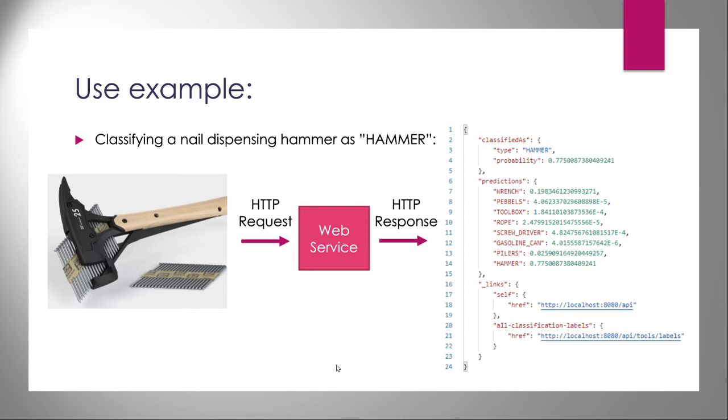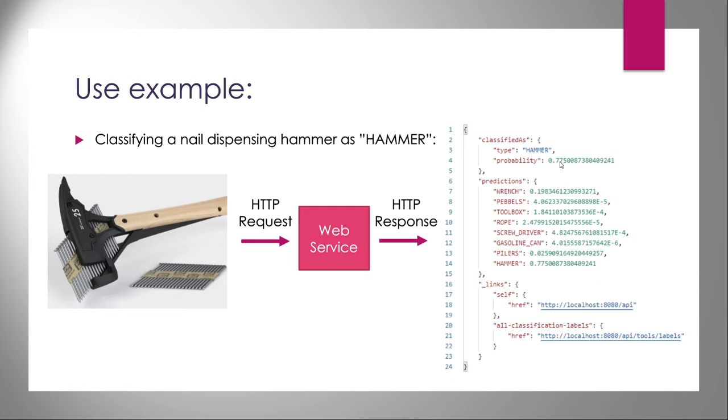Now here's a use example of detecting a nail dispensing hammer as a hammer by using an HTTP GET request to the web service. It then returns a JSON formatted response body with what it is classified as. So here we can see that it is indeed classified as a hammer, and the probability is 77%.